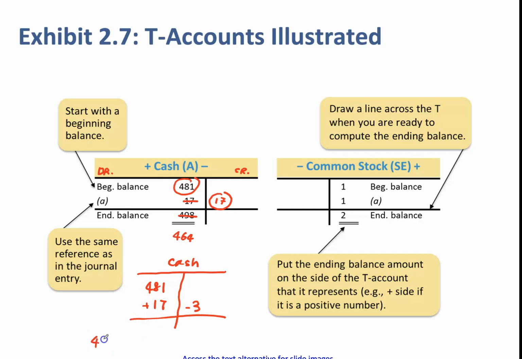So 481 adding 17, subtracting 3. That's 495. So that's how you calculate the ending balance of a T account.